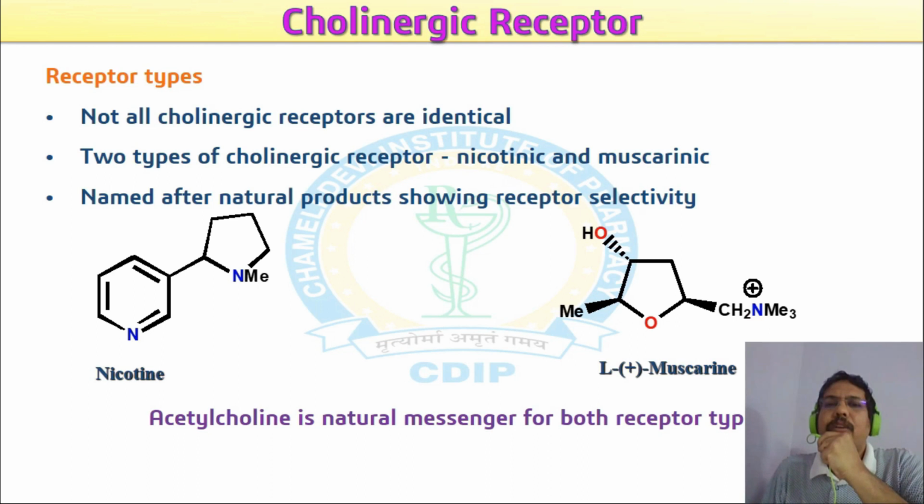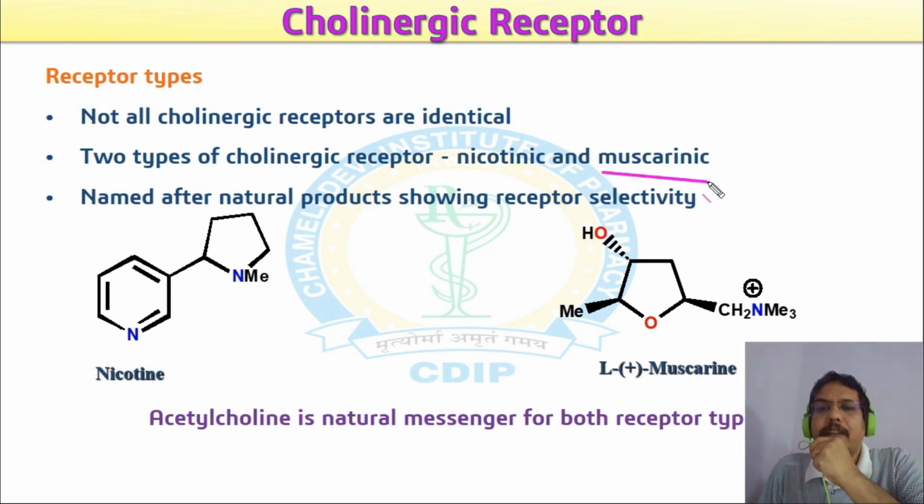So if you look at cholinergic receptors, there are two types of cholinergic receptors. The first is known as the nicotinic receptor, while the other is known as the muscarinic receptor.